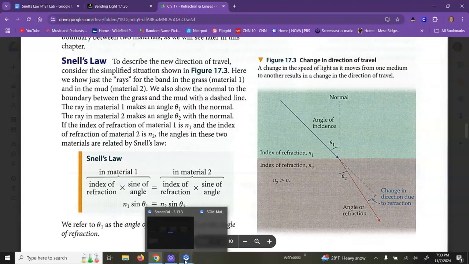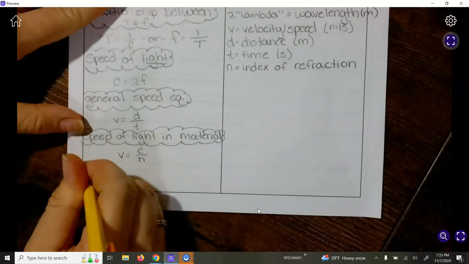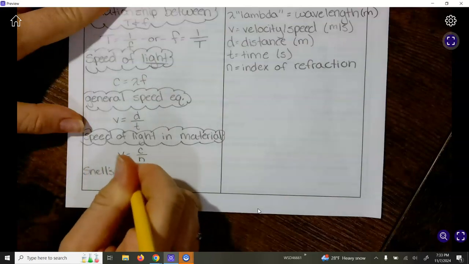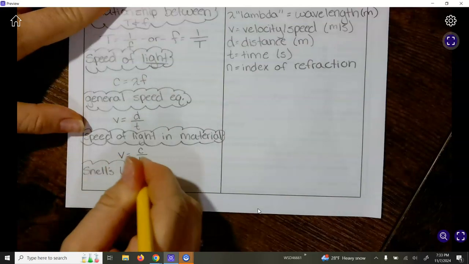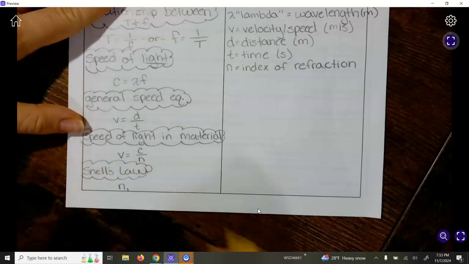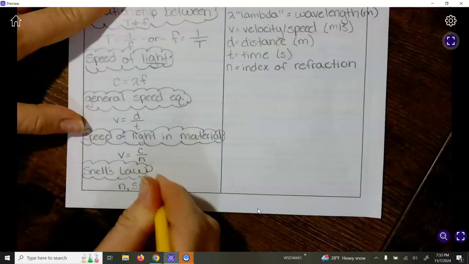So let's go over to our packet really quick. Here we go. Right at the bottom of the packet, we're going to write Snell's law, and that's going to be the equation we just looked at: N sub 1 times the sine of theta. That's how you draw theta.